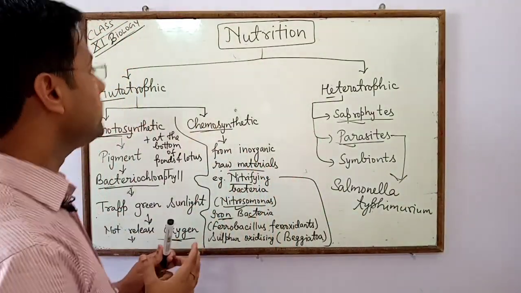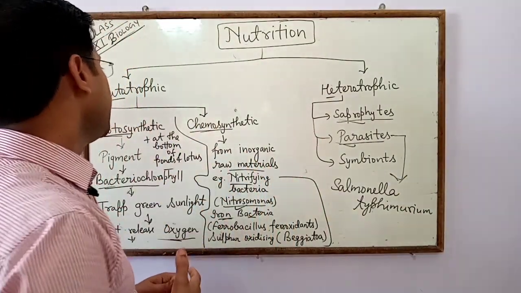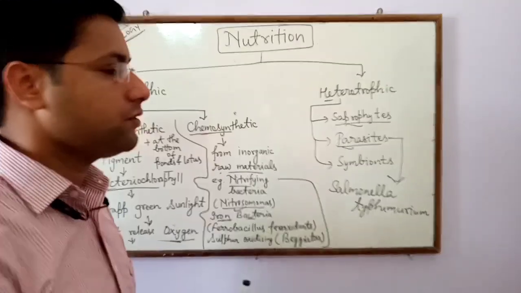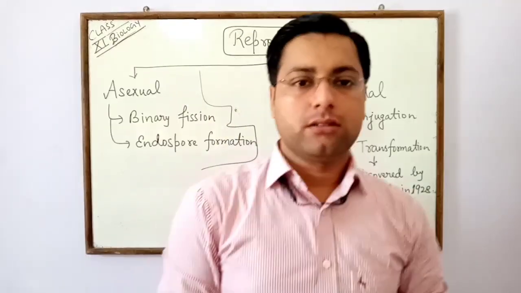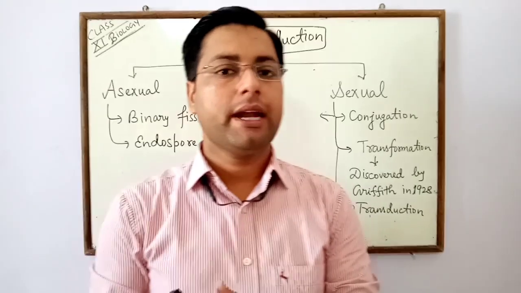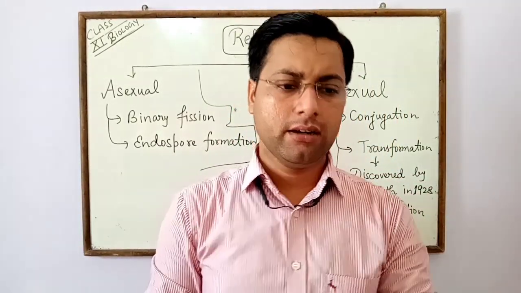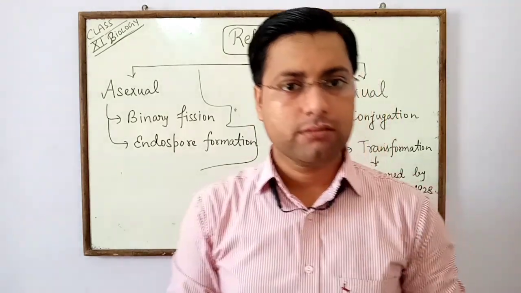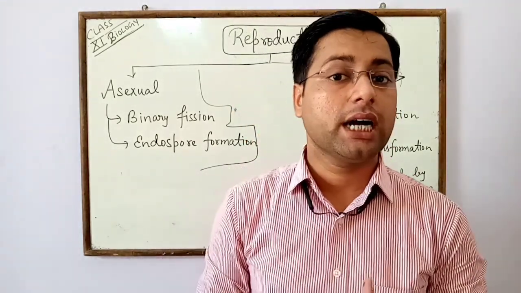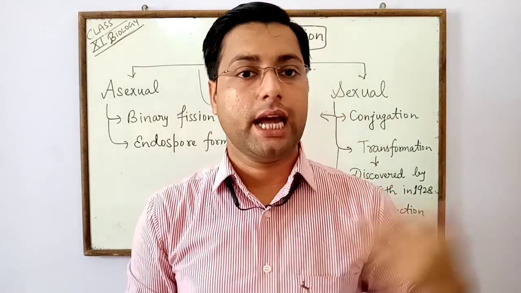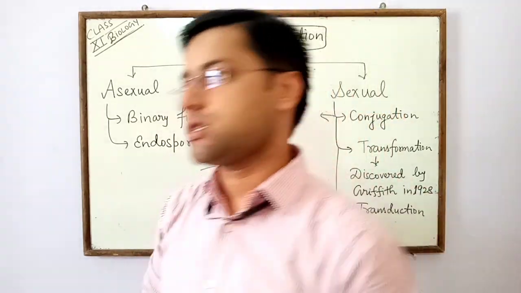So in nutrition, two types are there, that is autotrophic and heterotrophic. Now about reproduction. Reproduction also occurs in bacteria, and there are two types: asexual reproduction, which commonly occurs in bacteria, and sexual reproduction.